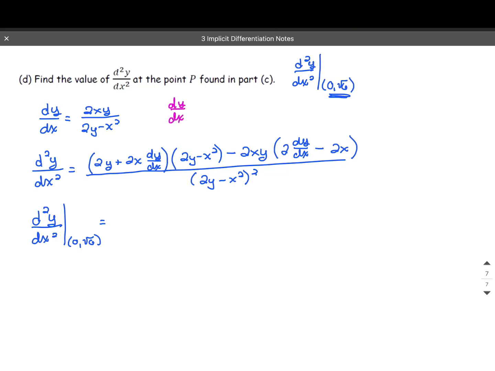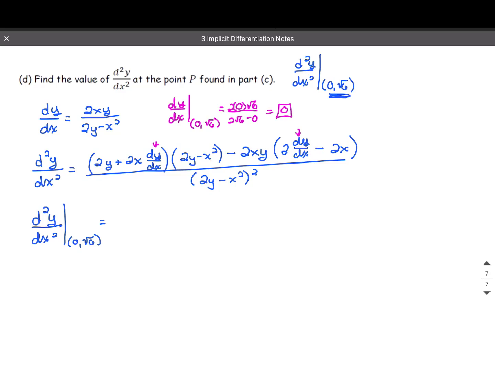Because we have dy/dx here and here. The derivative at this point (0, radical 6), we know that this is 0. That's how we found it, right? Because if you do 2 times 0 times the square root of 6 over 2 times the square root of 6 minus 0, it's just 0 because the top is 0.